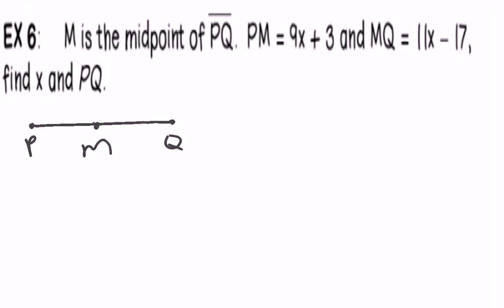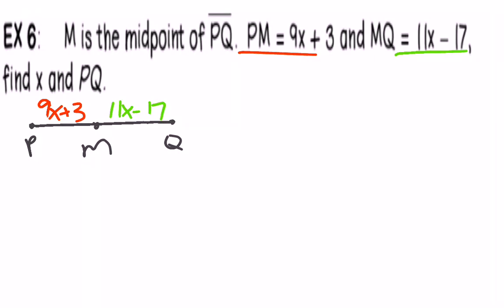If PM is 9x plus 3, yay, we actually don't have fractions in this problem. Everyone is doing a happy dance. 9x plus 3. And MQ is 11x minus 17. Find x and find PQ.